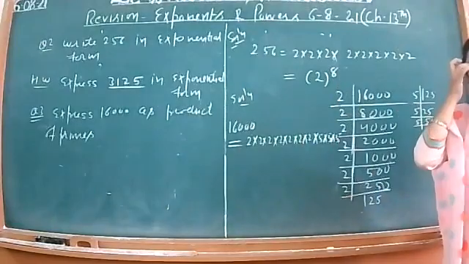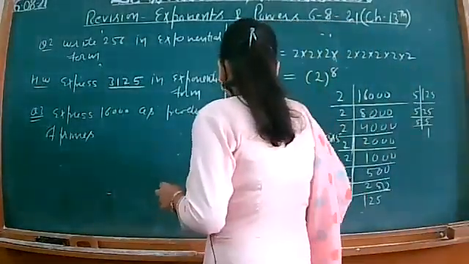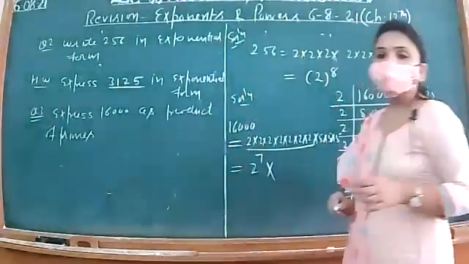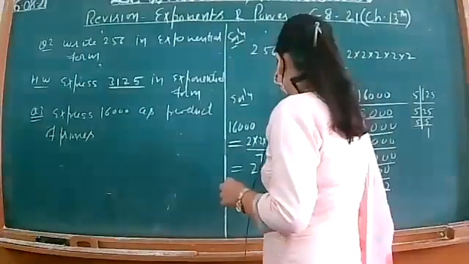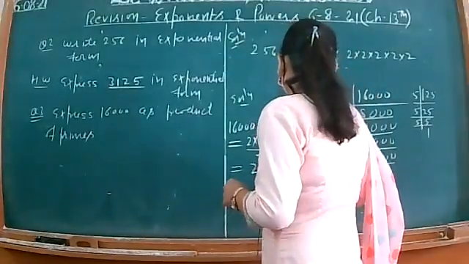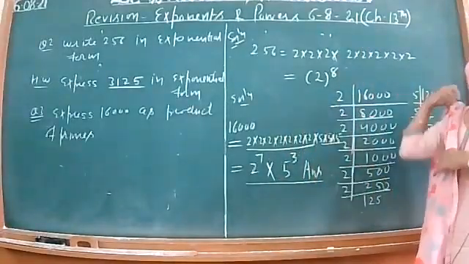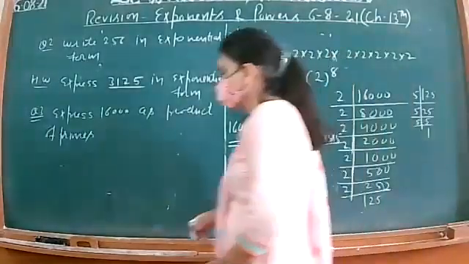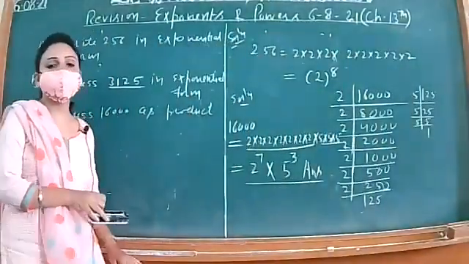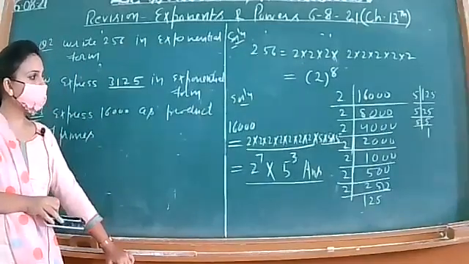When you count them, you are getting 7 times 2, that is 2 raised to power 7, multiplied by 3 times 5. 2 raised to power 7 into 5 raised to power 3 is the answer for this.